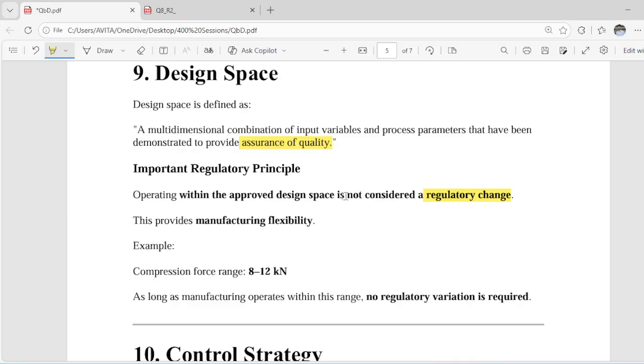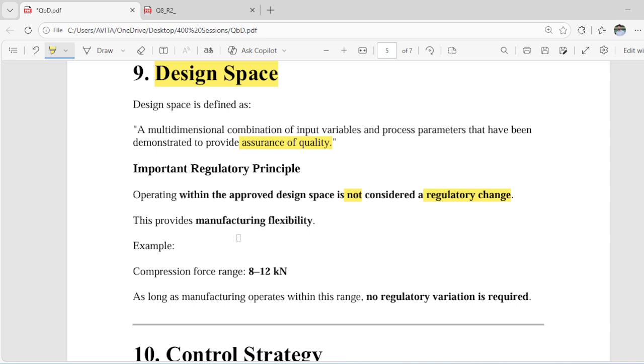We have to remember, focus on this one. So if you are operating within the design space, then that change won't be considered as a regulatory change. And we don't need to take the prior approval permission or we don't need to file any CBE0 or CBE30 for this. This provides the manufacturing flexibility.